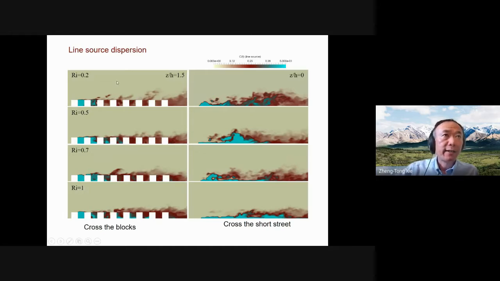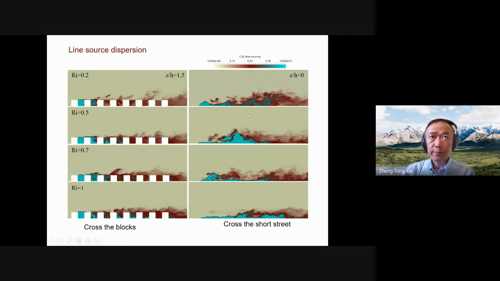Yeah, you can see there's a big difference, right? The plume height is smaller in the stronger stratification than in the weaker stratification. So this is the plane across the building, at the center of the building, and this is the plane across the short street.